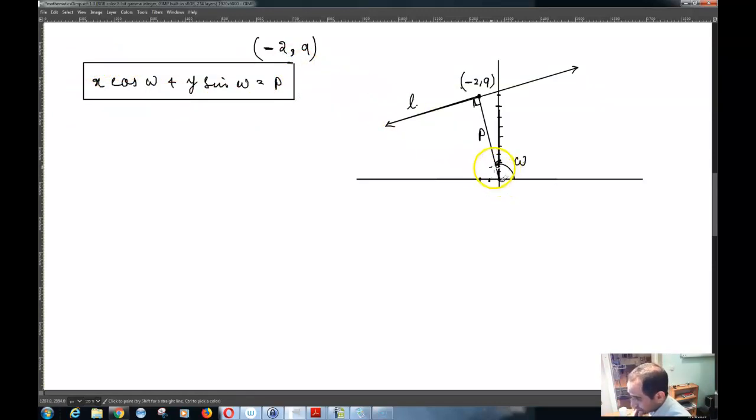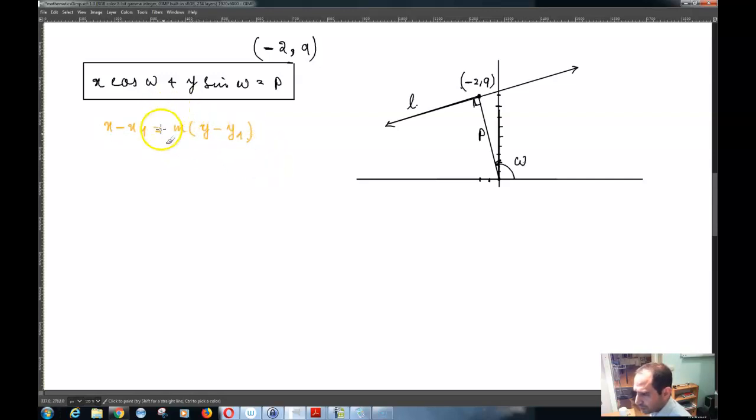Now here in this situation, the problem is that I don't know what omega is, and I don't know what this length is, so somehow I need to calculate it. I tried to solve this in many different ways, but I think the way we can solve this problem is this: to find the equation of this line, what you need is a point on the line, because you can use the equation y minus y1 is equal to m times x minus x1.